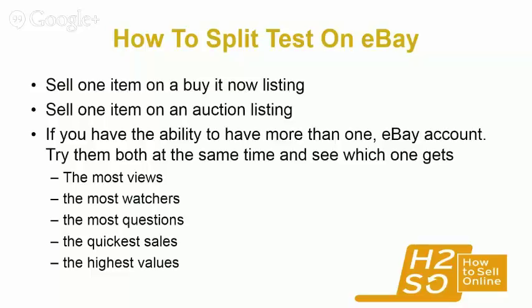When you are selling as a buy it now, remember in the UK and in most of Europe, you've got something called the distance selling regulations. That means that the customer has the right to return the product in the way it was purchased, in its original packaging, unused, unopened, for absolutely no reason whatsoever, and get a refund.